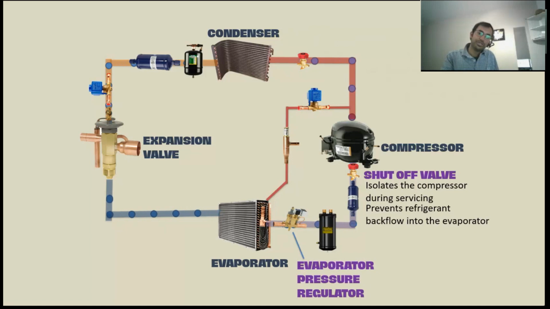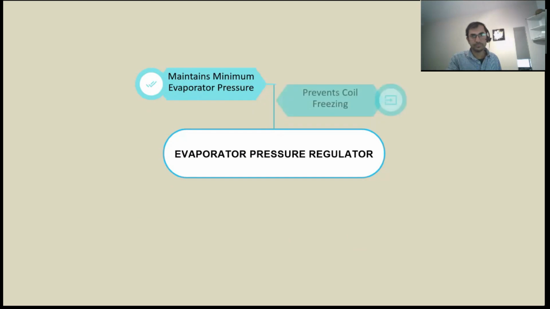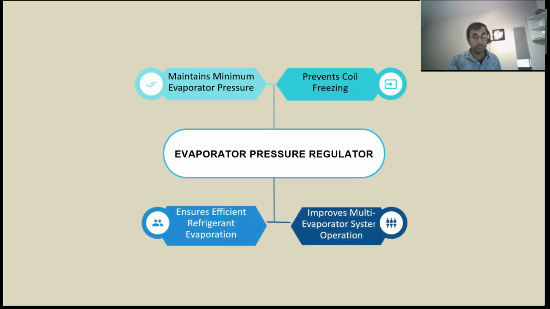And there's one more thing, the evaporator pressure regulator. This is one of the most important auxiliary things for control and monitoring. Let's try to understand the evaporator pressure regulator. It maintains minimum evaporator pressure, prevents coil freezing, ensures efficient refrigerant evaporation, and improves multi-evaporator system operations.